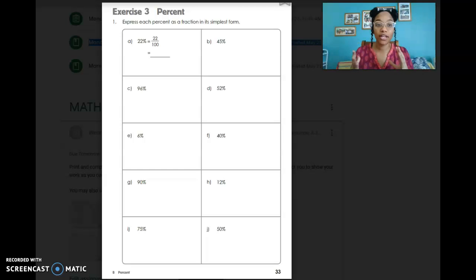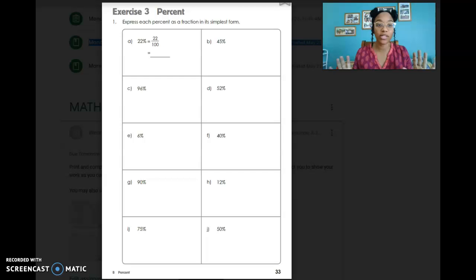So when we're looking for the greatest common factor between two numbers, we want to start with the smaller number. So let's start with 22, and we'll use the rainbow method to find the factors of 22. 22 is the same as 1 times 22. It's also the same as 2 times 11. 22 is not divisible by 3, or 4, or 5, or 6, or 7, or 8, or 9, or 10.